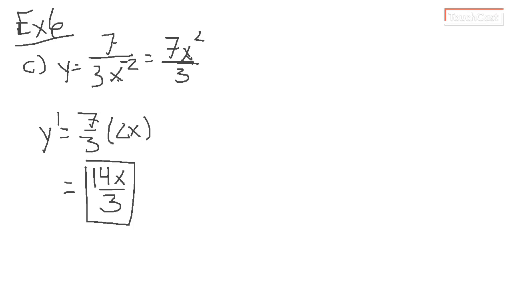One last part to example 6. We're going to look at part D, where the function is going to be y equals 7 over, and this time we're going to have the 3x in parentheses, and that's going to be raised to the negative 2.